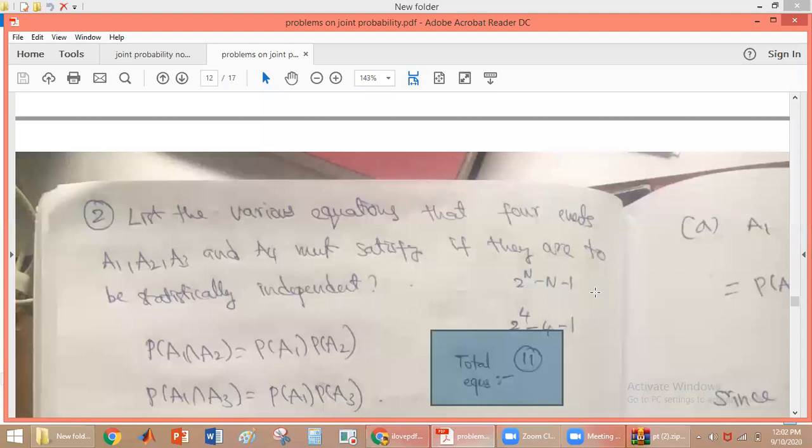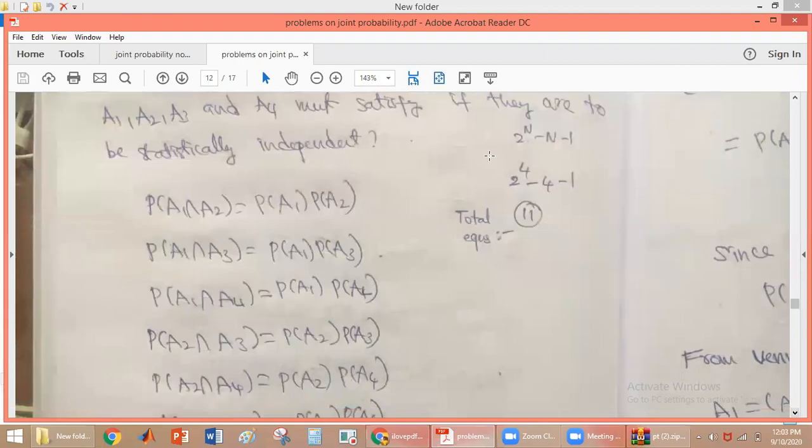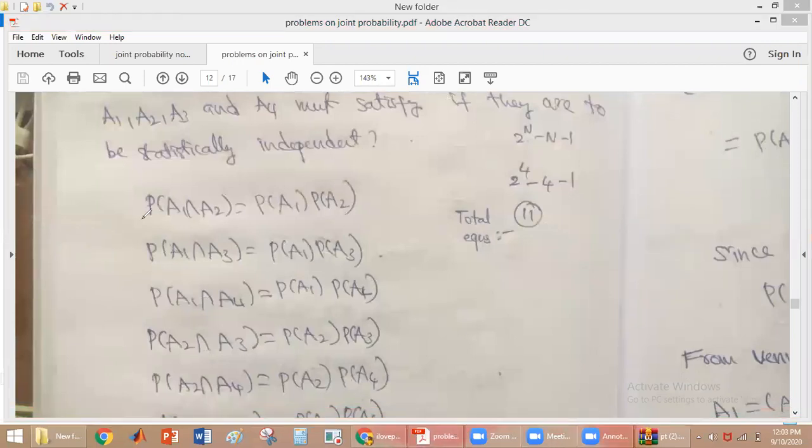Since we have four events, initially the events should be independent by pairs. That is, probability of A1 intersection A2 should be equal to probability of A1 into probability of A2, and likewise for the others.